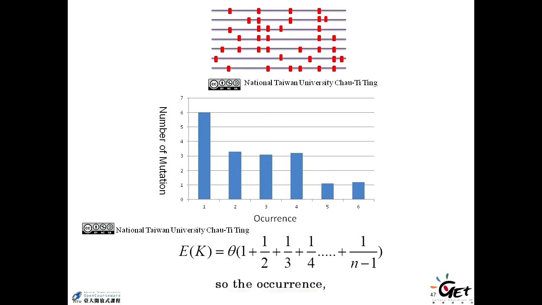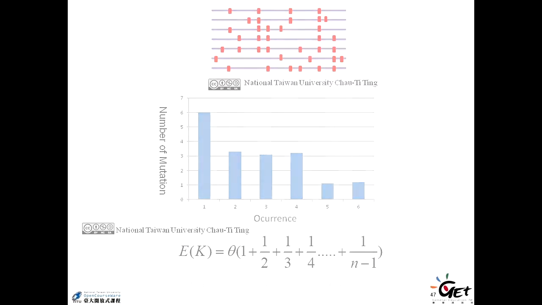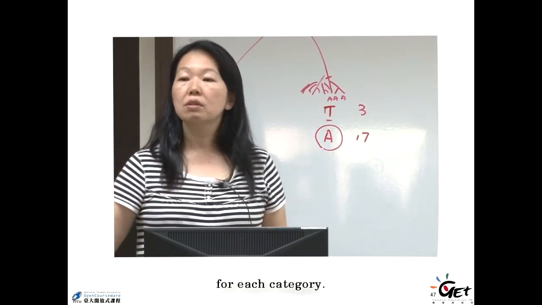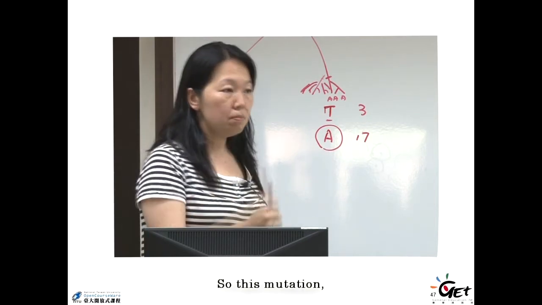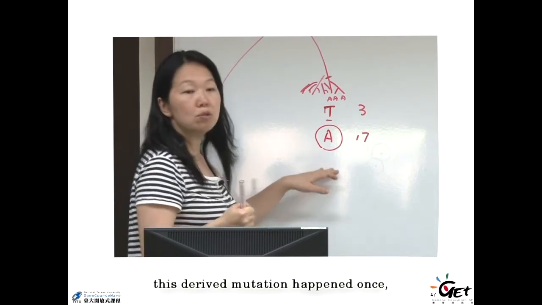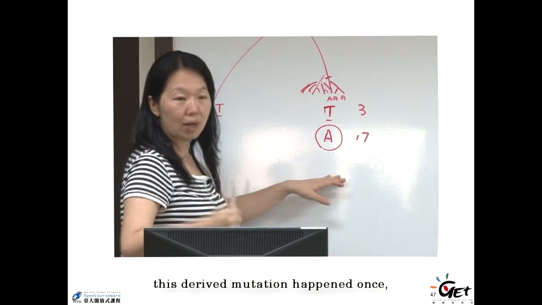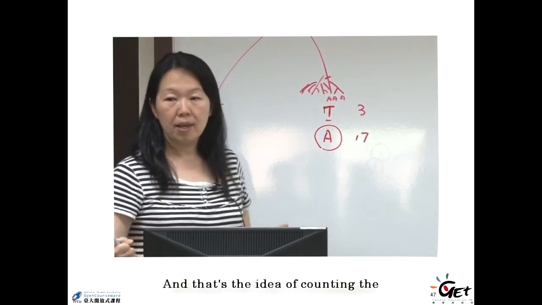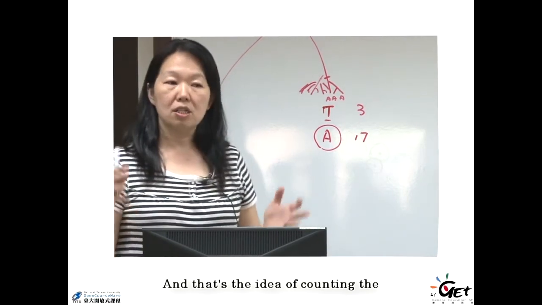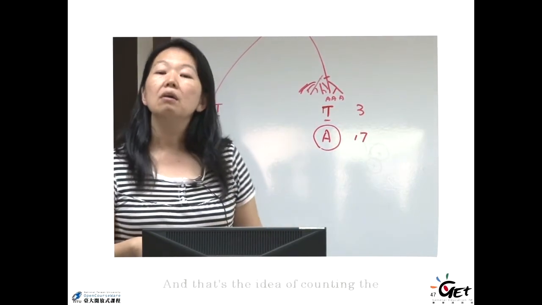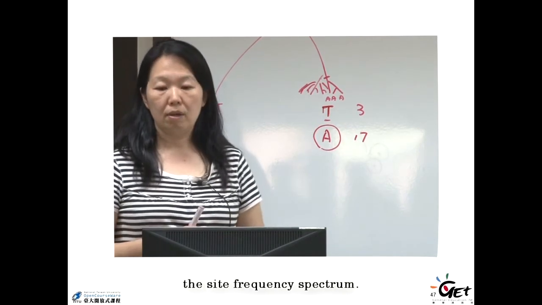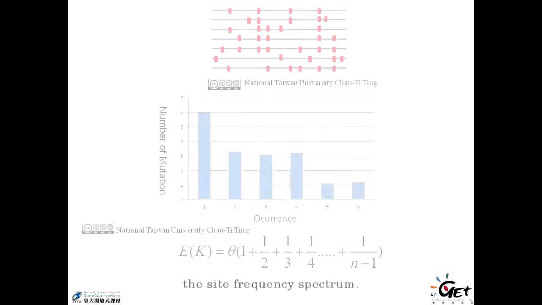If we only have a small number of sequences, we can count the occurrence for each category. So this derived mutation happened once, twice, 3 times, or 5 times. And that's the idea of counting the site variation and constructing the site frequency spectrum.